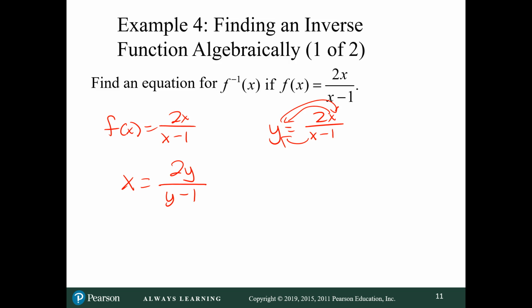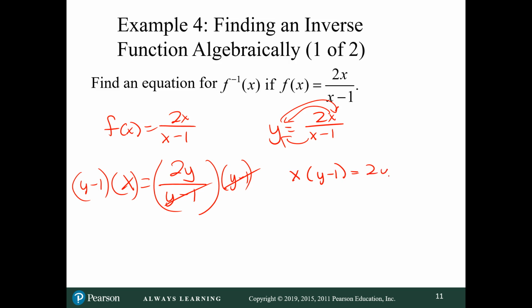Well, this one is a little bit more difficult than your average equation. You have to multiply both sides by y minus 1. So then x times y minus 1 equals 2y.